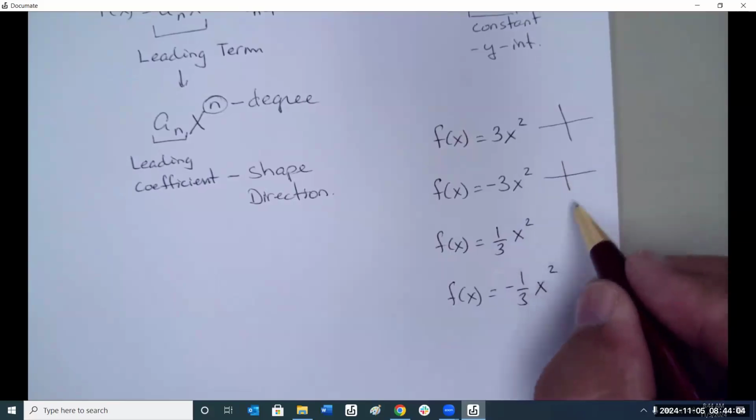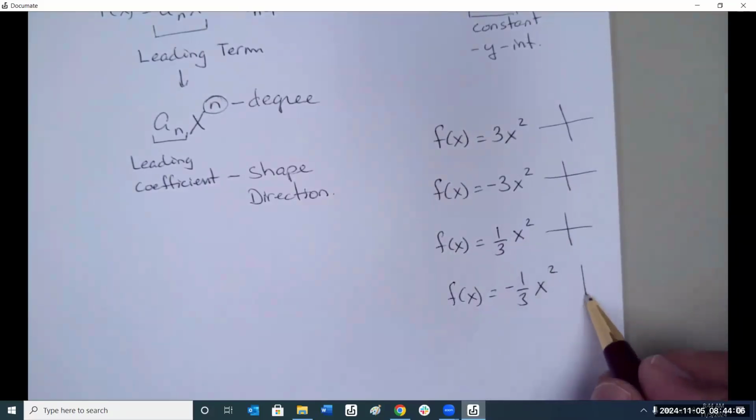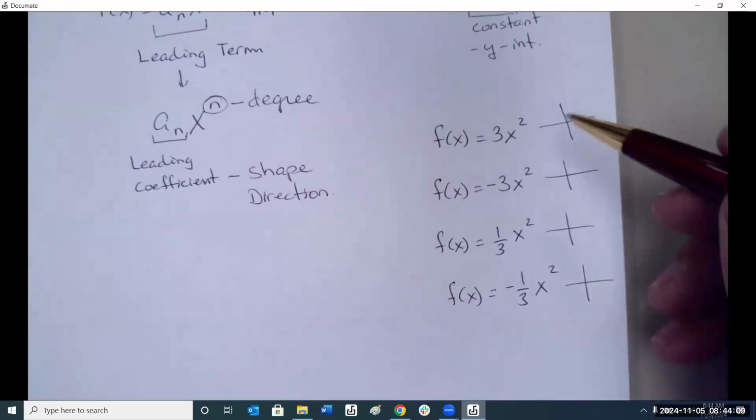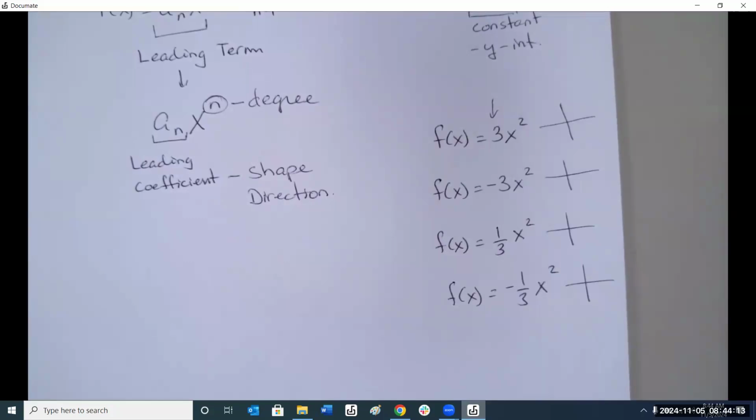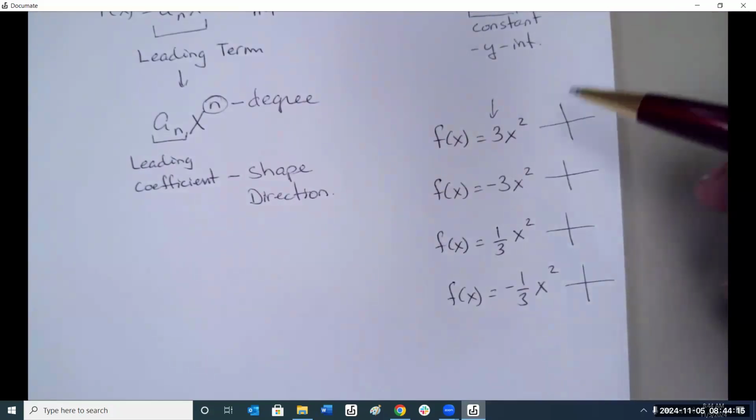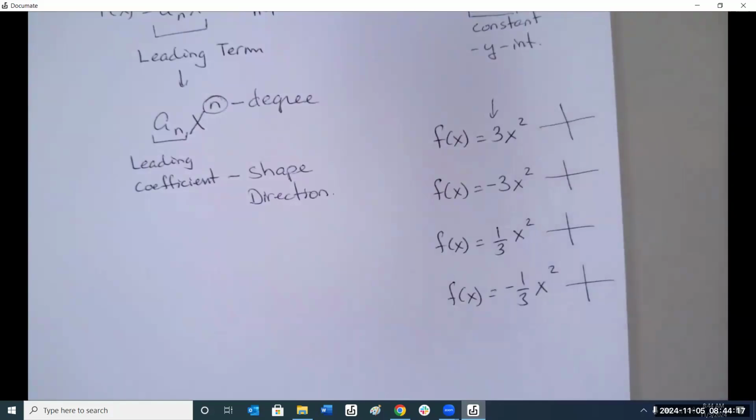What are these 4 graphs going to look like? Notice the only thing I changed is the leading coefficient. So what's the first one going to look like?